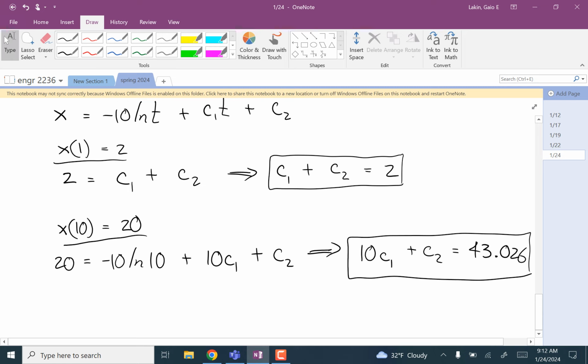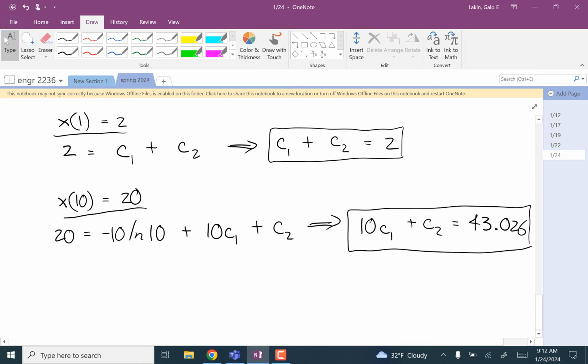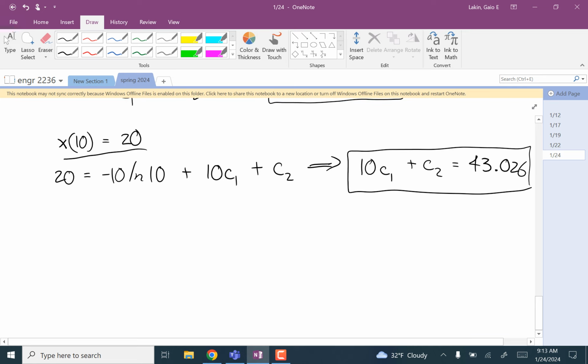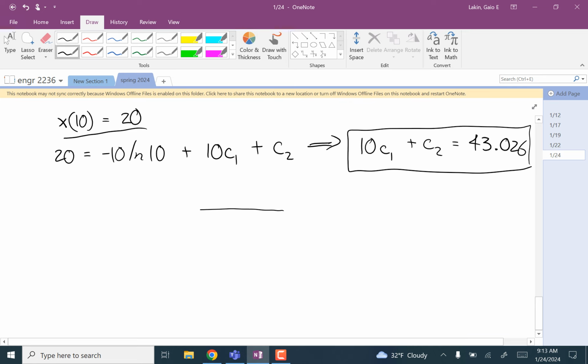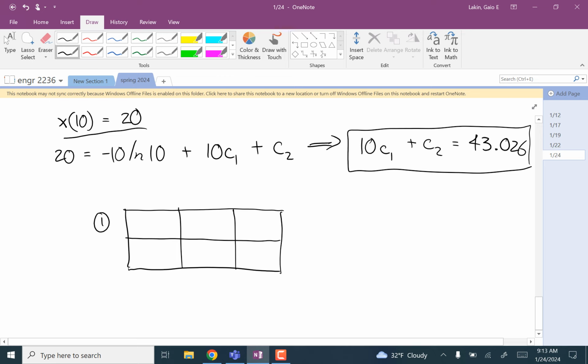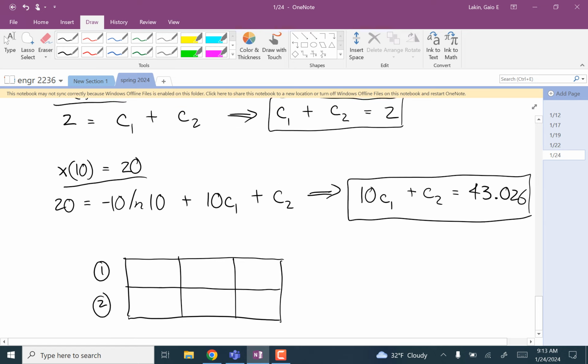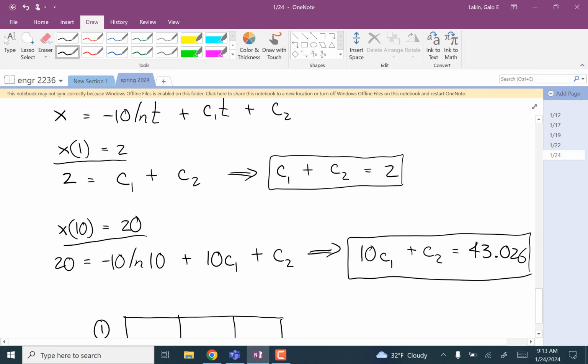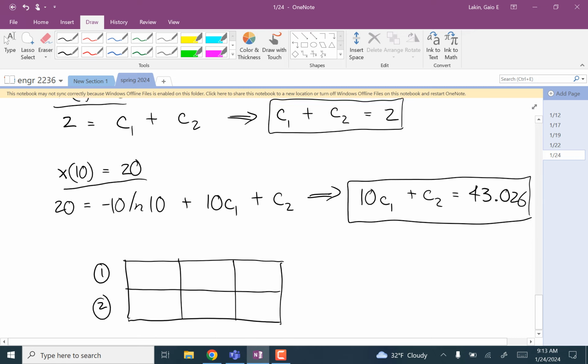And so now that's just a system of equations that you can solve for C1 and C2. We'll talk about this more later. The people who took statics from me did it all the time, but if you set this up in an augmented matrix, this is the first equation and this is the second equation, and you get all the constants on one side and all the variables on the other side.